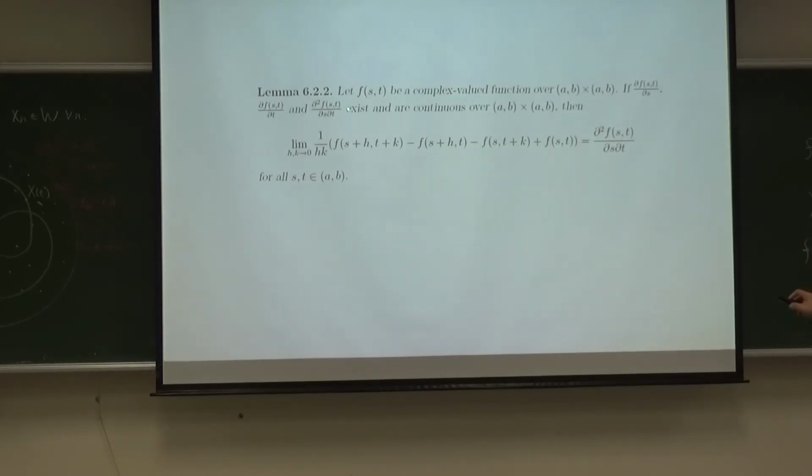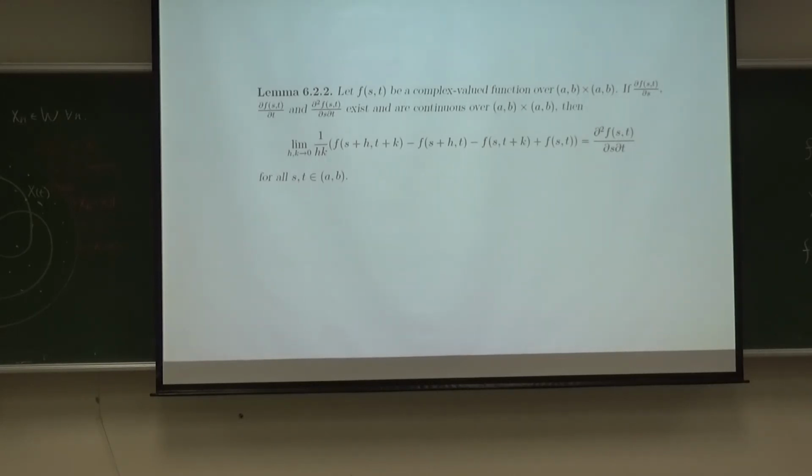So these three partial derivatives exist and are continuous over this square. So first order, we have two first-order partial derivatives, and we have a second-order one, but it's mixed type. And these three partial derivatives exist and are continuous over this square.